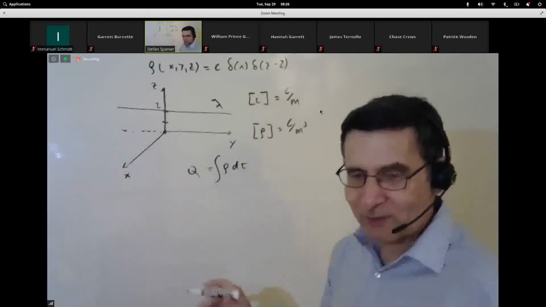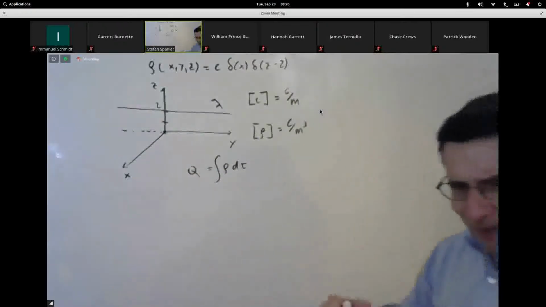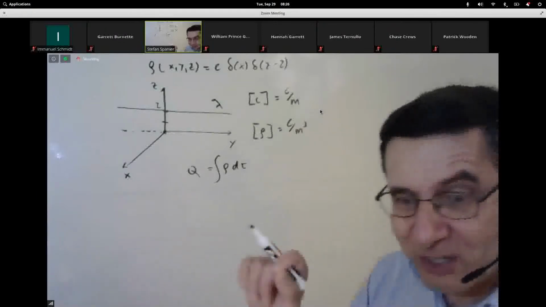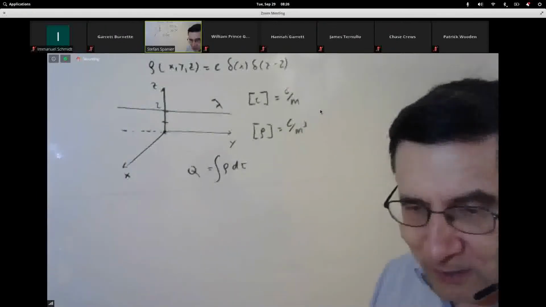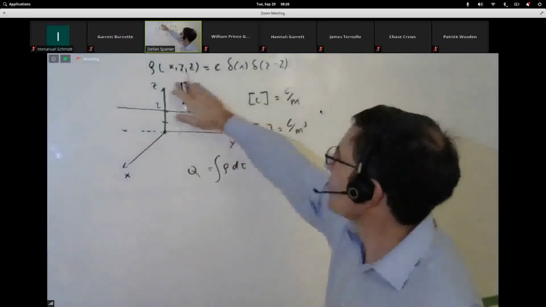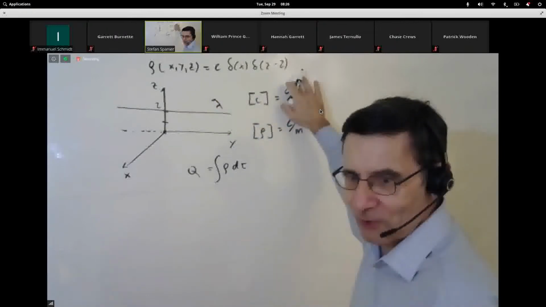If you look at Griffiths, he writes, okay, if you're three-dimensional, you use rho. If you're two-dimensional, you use sigma. If you're one-dimensional, it's lambda. So you have to be very careful how you write your dq when you integrate. In principle, you don't have to be if you're consistent and you write all your distributions first in such a way.